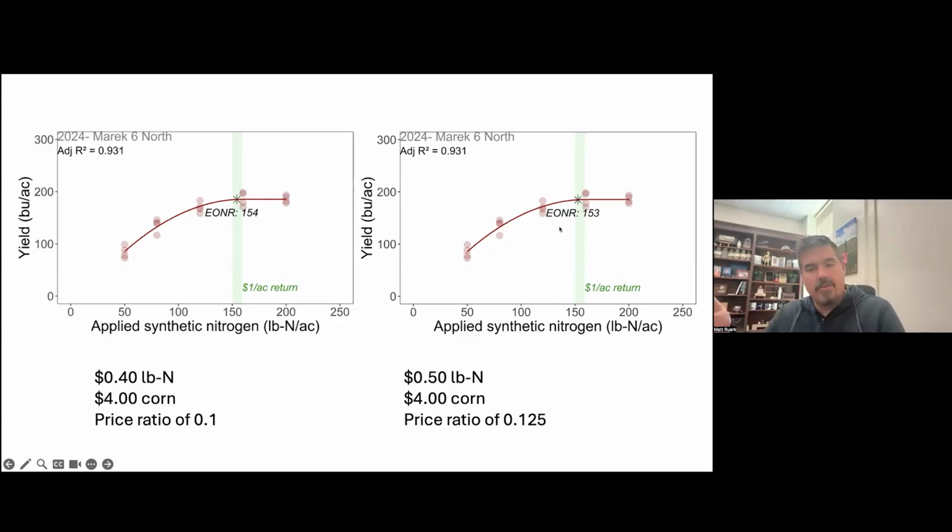And that's nice to notice, and it's nice to know. The reason we know it is because of the curve we generated, right? Having these different nitrogen rates spaced out, we can use regression to draw the line. So this is a case where it's very helpful to have a really nice curve, and you can apply different economic scenarios.